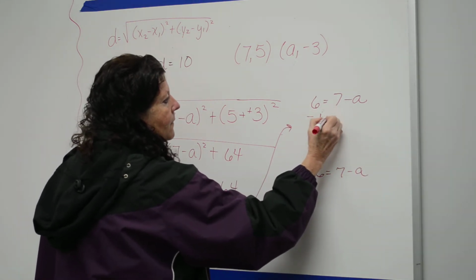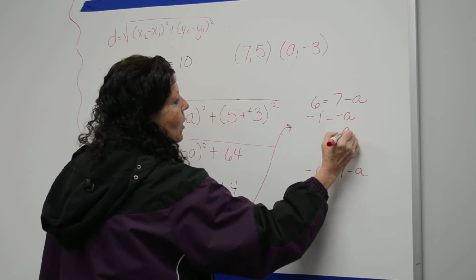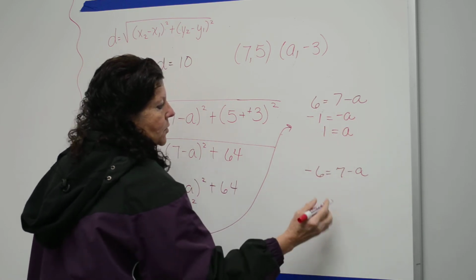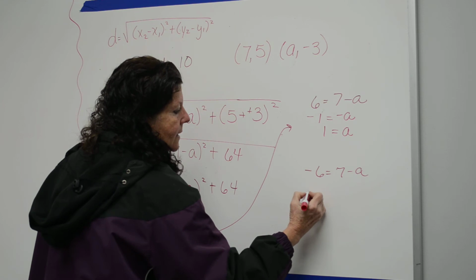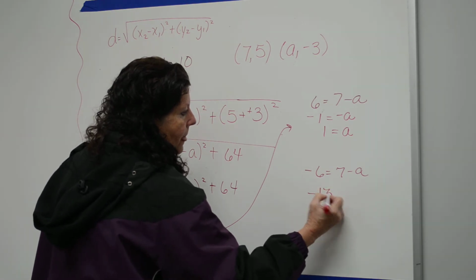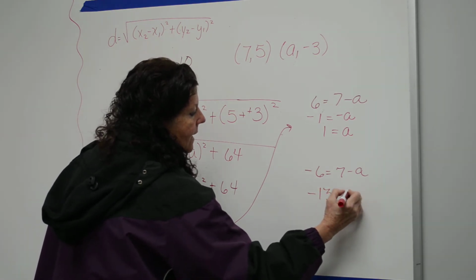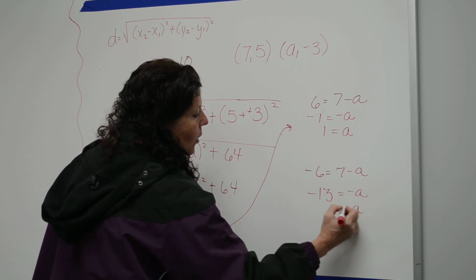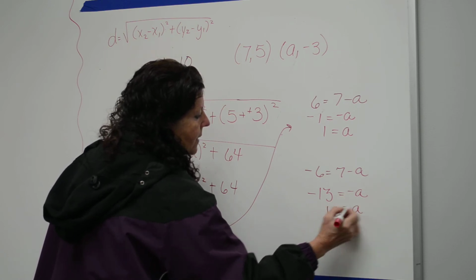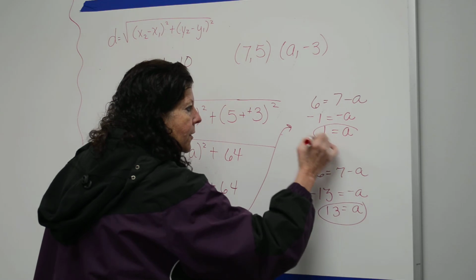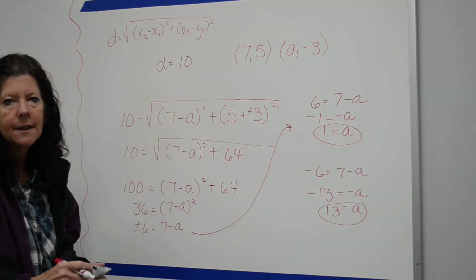I'm going to get negative 1 equals negative A, or A is equal to 1. I'm going to subtract the 7 again down here, and I'm going to get negative 13 is equal to negative A, or A is equal to positive 13. Both of those are your answers.